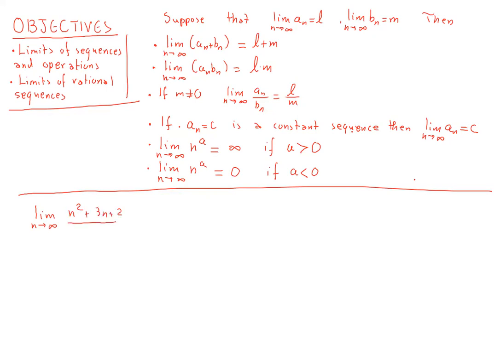We will not attempt to do this limit by using the definition. Instead, we're going to do the following little trick. And this trick actually works for all limits of rational sequences.